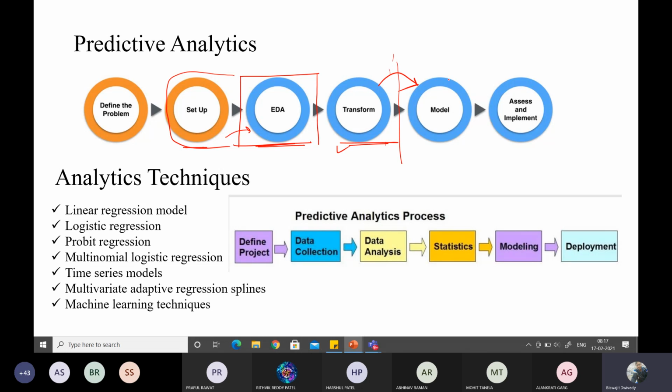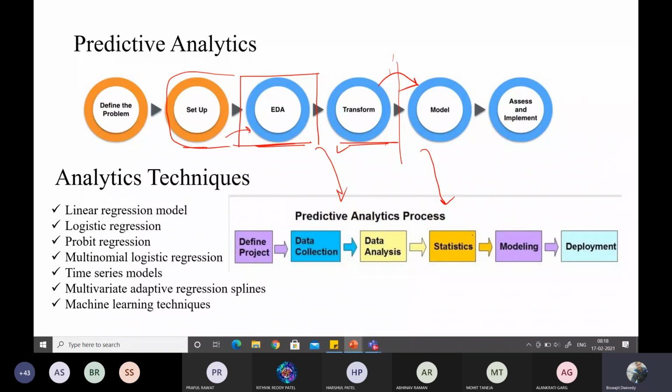Modeling means we will be using different types of analytics techniques by which we can predict the values or our required thing, and after that, assess and implement. The same steps can be found in a different manner, meaning sometimes the conventions or namings may be different. For example, instead of define the problem, it may be define project, data collection, data analysis.